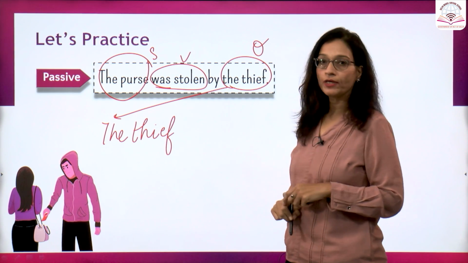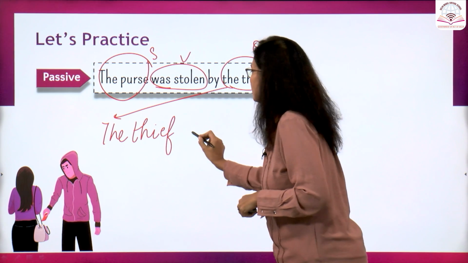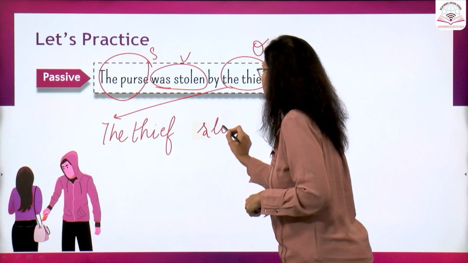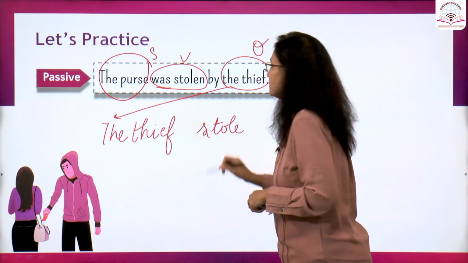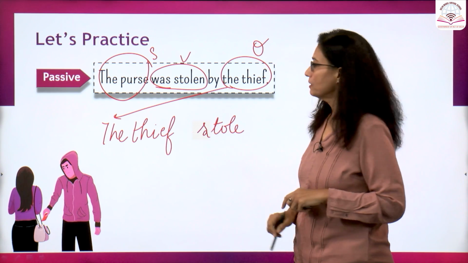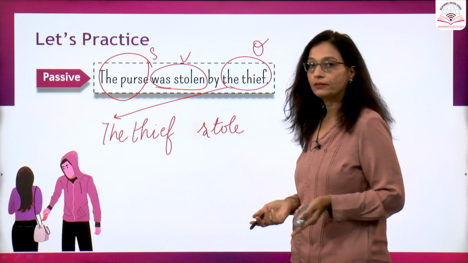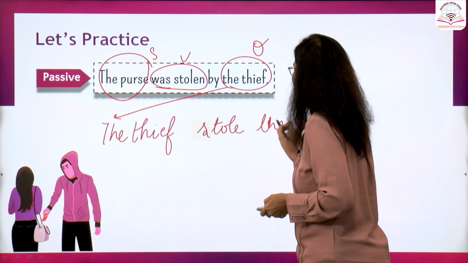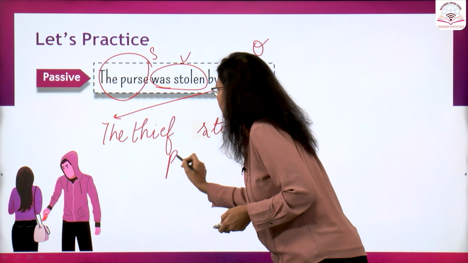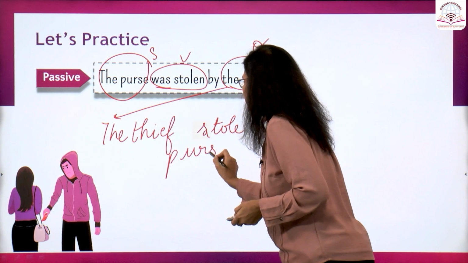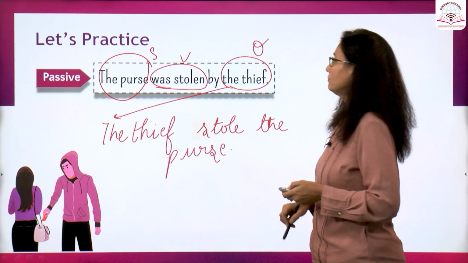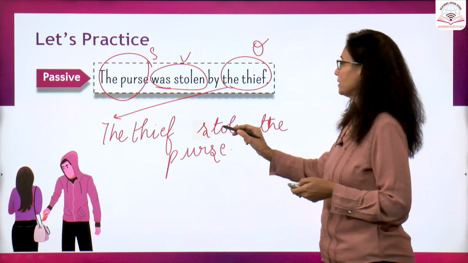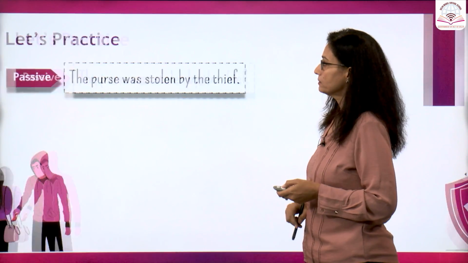The verb form we are going to use is stole. Again, this sentence is in simple past tense. The thief stole. What did the thief steal? The purse. So the final transformation will be the thief stole the purse.